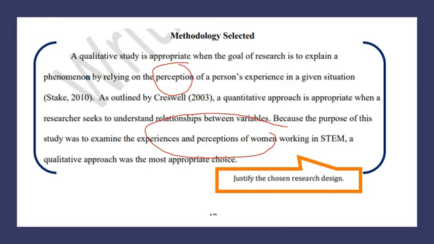This is the justification of the chosen research design, why a particular research design has been applied in this particular research topic or dissertation. For example, the researcher has used a qualitative study, and has given the proof that this study was based on the experiences and perceptions of women, and for that a qualitative study is appropriate. So this will be termed the research methodology.